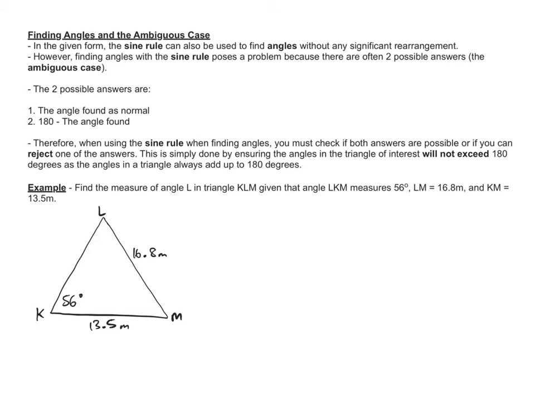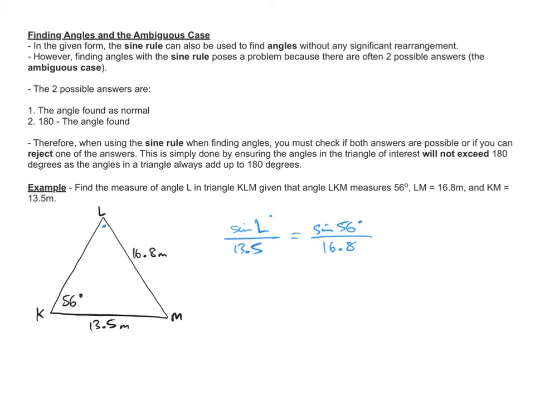Find the measure of angle L in triangle KLM, given that angle LKM measures 56 degrees, LM is 16.8 meters, KM is 13.5. So we're trying to find this angle L, so sine of L over the opposite side, 13.5, is going to be equal to sine of 56 degrees over 16.8.